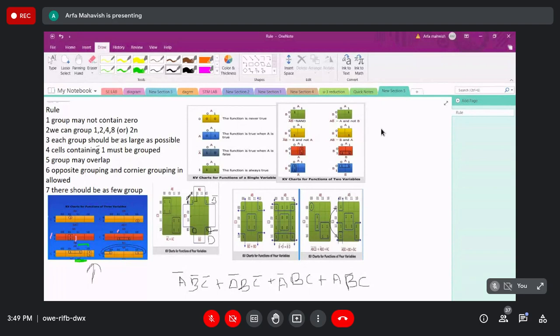So these are examples of how you are grouping the things for single, double, four variables, eight variables. Again, this is the way you are combining. Whenever you are doing the KV chart, go with the longest group you can find.